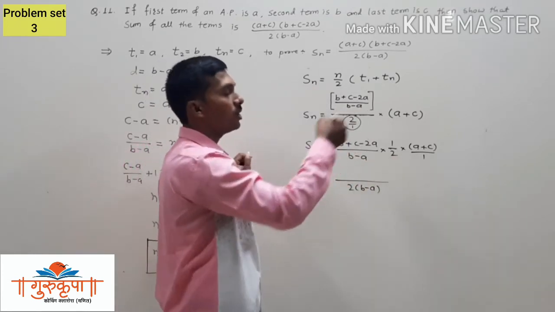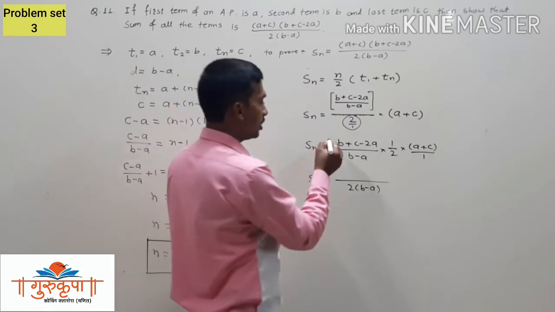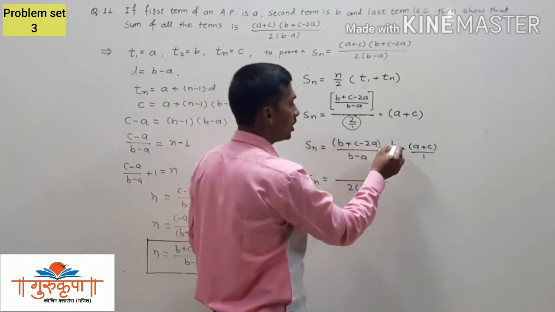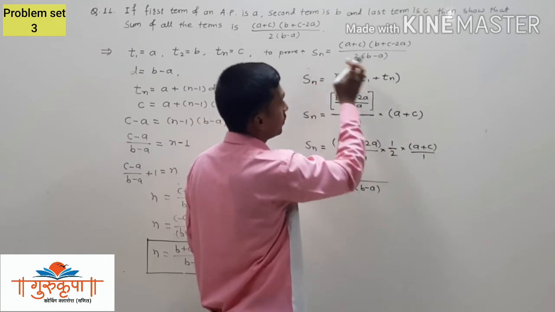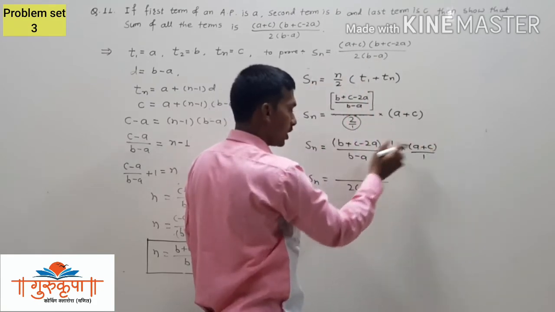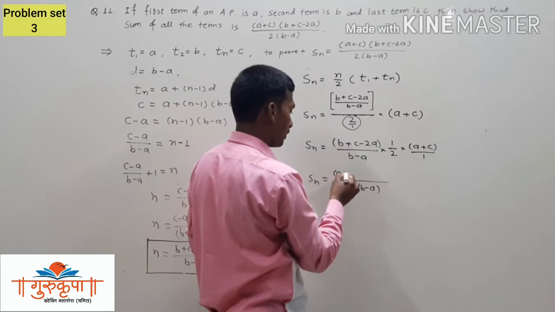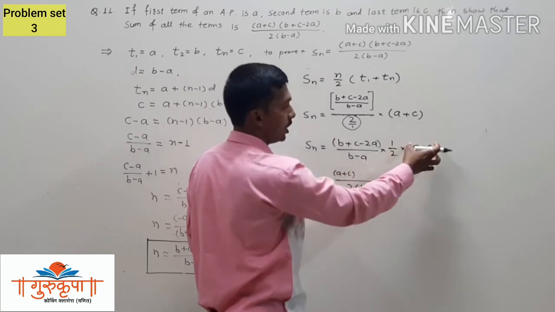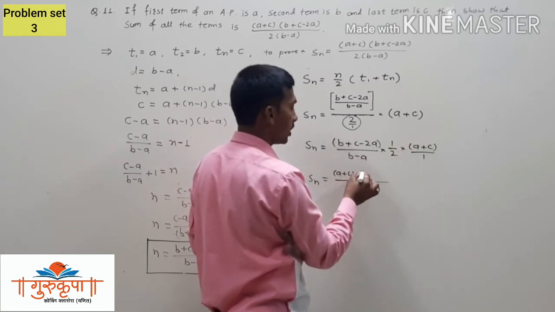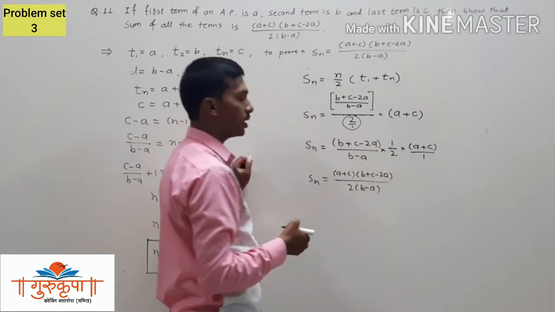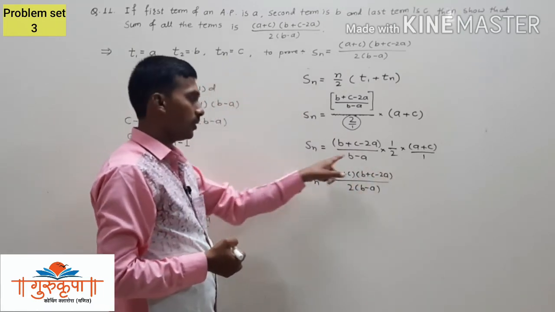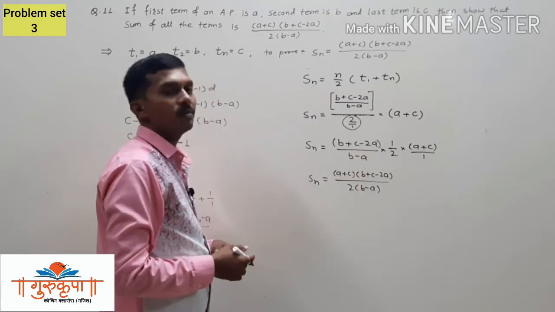Now we have to take the multiplication of the numerator, that is (b + c - 2a) multiplied by (a + c). So according to our proof we will write (a + c) in the first bracket as it is, into the second bracket (b + c - 2a), divided by 2 into bracket (b - a).